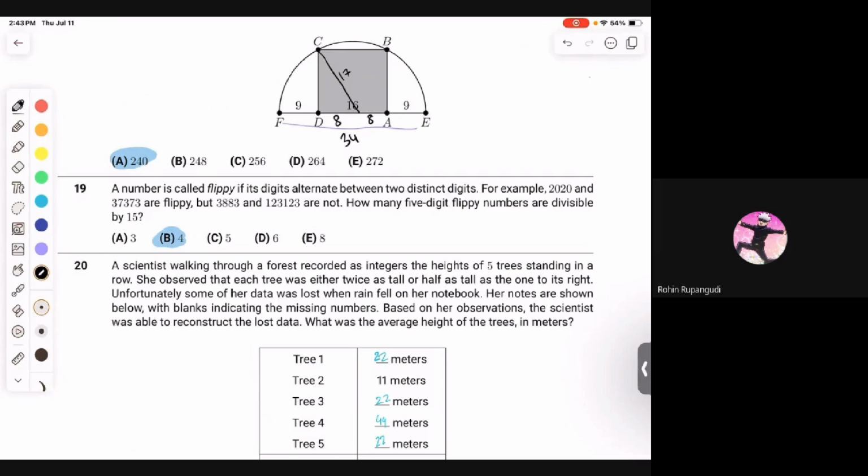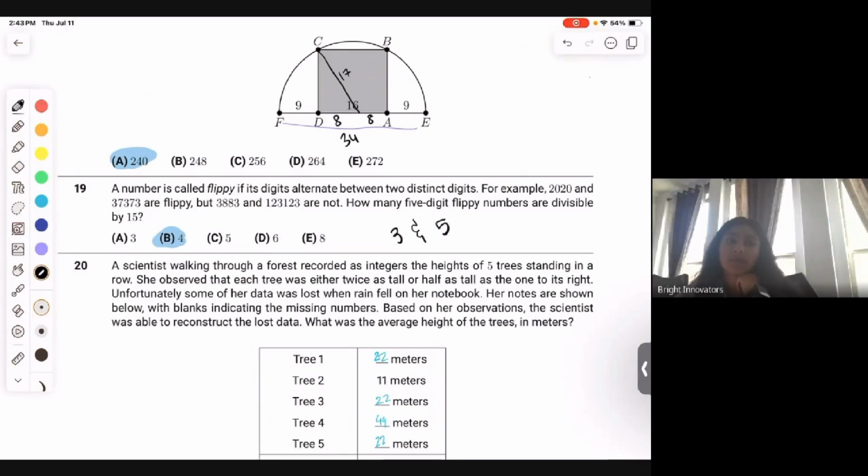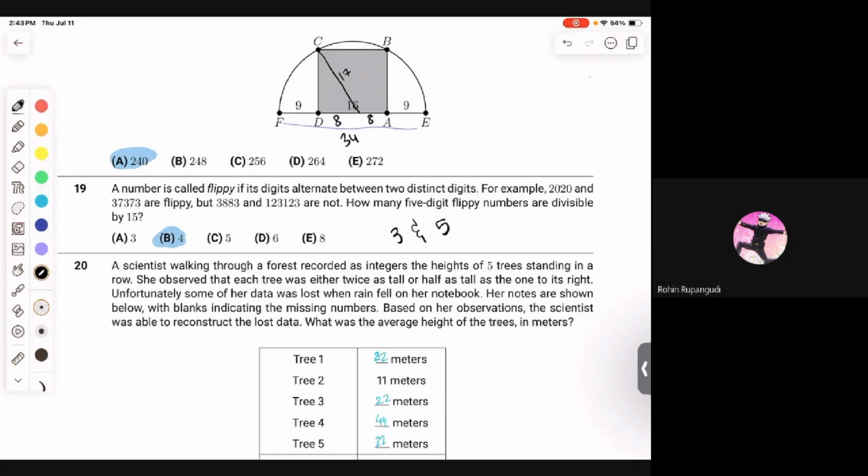In order to be divisible by 15, it has to be divisible by 3 and 5. The divisibility rule of 3 is that the digits just have to add up. To make it divisible by 5, it has to end in a 5 or 0, but it can't end in a 0. Well, actually it can, but okay.